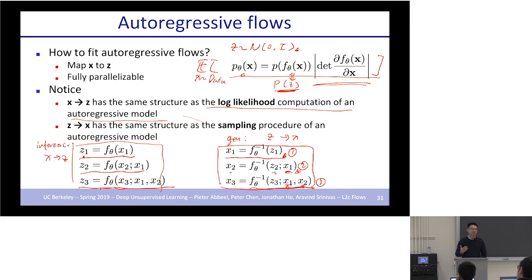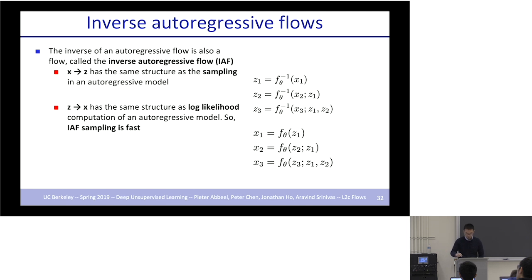Like you're saying, likelihood evaluation inference is super fast, but then sampling is really slow. But can we actually flip it around and get another paradigm? It's actually possible. So let's walk through how the sampling is done. So again, this is sampling or generation. And then this is inference or likelihood evaluation.